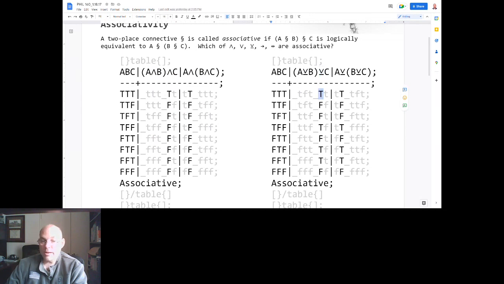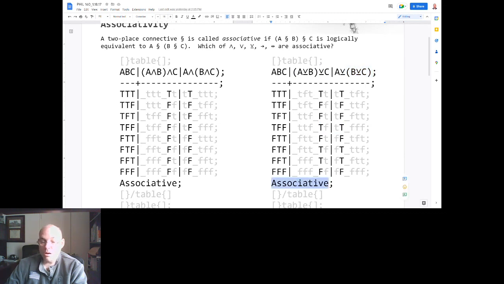And you do that down the line, and again, you end up with the same situation as we had originally with the first problem, and each row results in the same truth value, meaning that the placement of those parentheses, whether they were around A and B or around B and C, it didn't matter. It didn't change the result of our truth table.